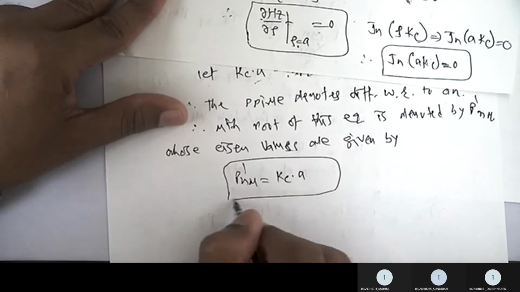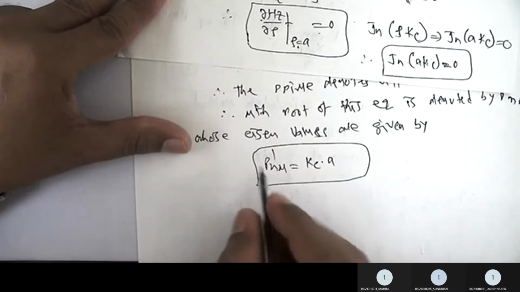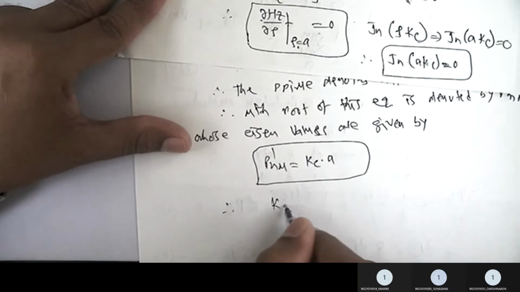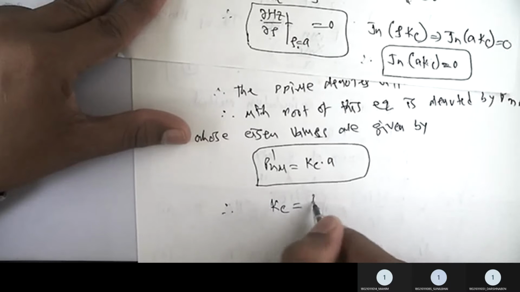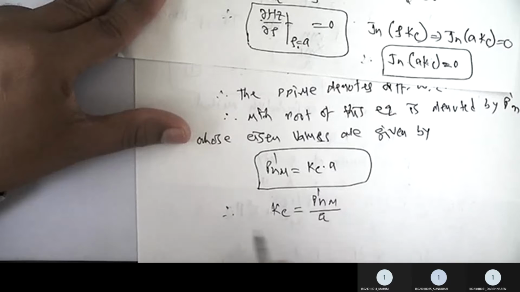So this is for our TE wave only. Let me make clear, this is for the TE wave. So I can write that now kc is nothing but p'_nm by a.